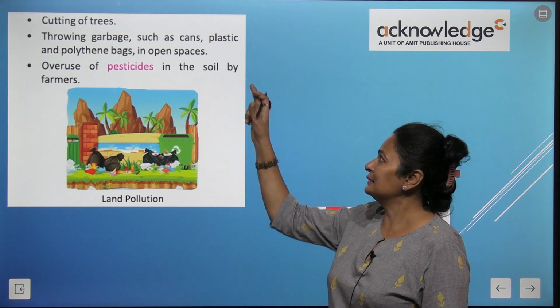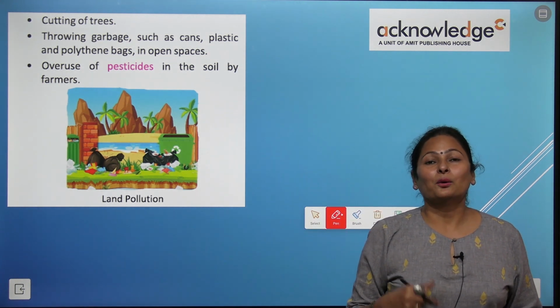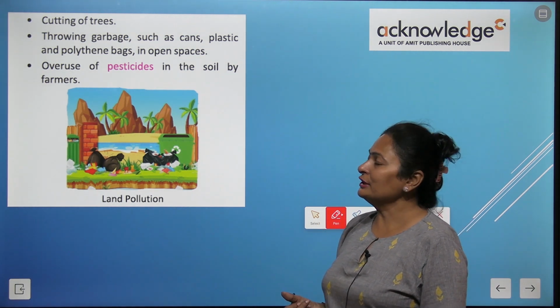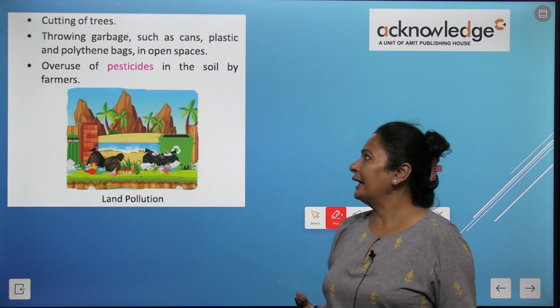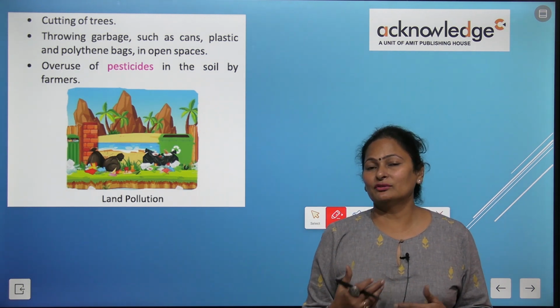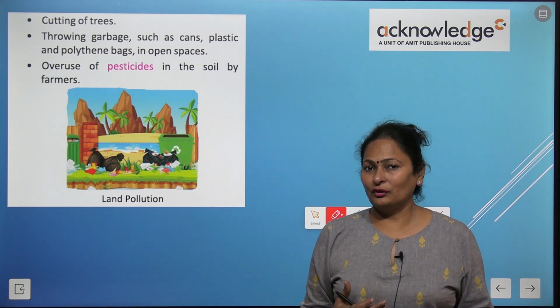Throwing garbage such as cans, plastic and polythene bags in open spaces, and overuse of pesticides in the soil by farmers. Farmers are using fertilizers and pesticides for crops.